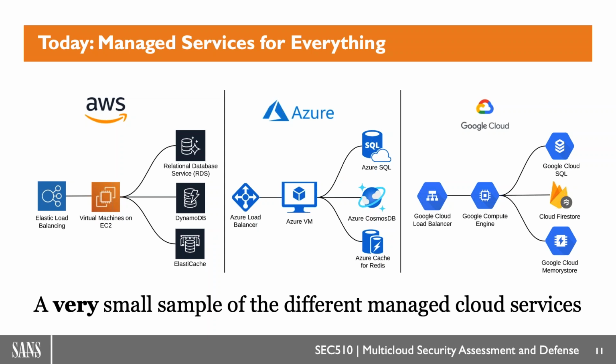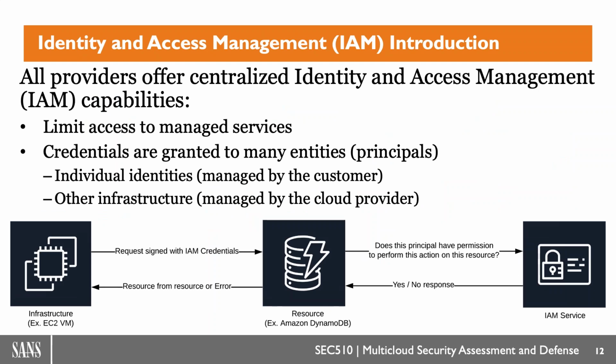So you've got all of these managed services now that your virtual machines in the cloud need to authenticate to. As you really look at how these services are talking to each other, it comes down to that virtual machine and what identity and access management policy is attached to it.